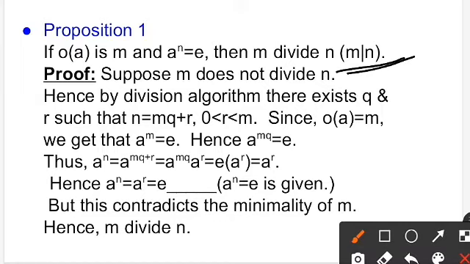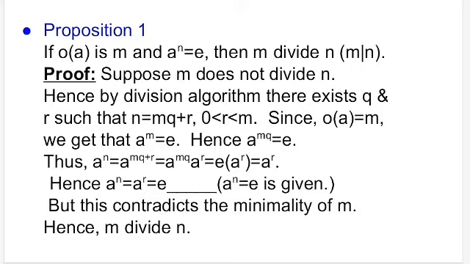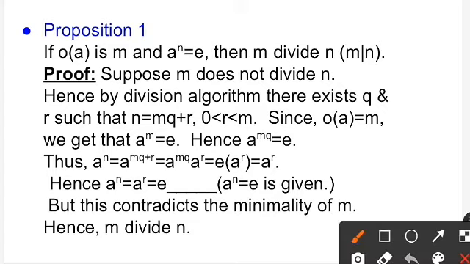The proof is given as: suppose M does not divide N, we are considering a contradiction. Hence by the division algorithm, which we just saw, there exist some Q and R such that N is equal to MQ plus R, where 0 less than R less than M. Here it is satisfying the strong inequality because we are saying that M does not divide N.